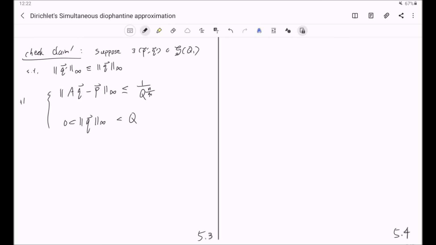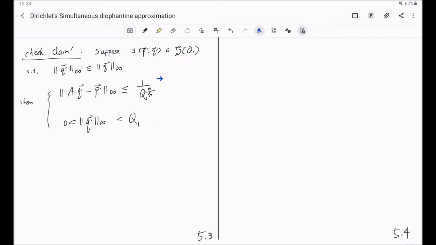What will happen is that because P prime, Q prime is in S of Q1, it satisfies those inequalities, by the definition of S of Q1.